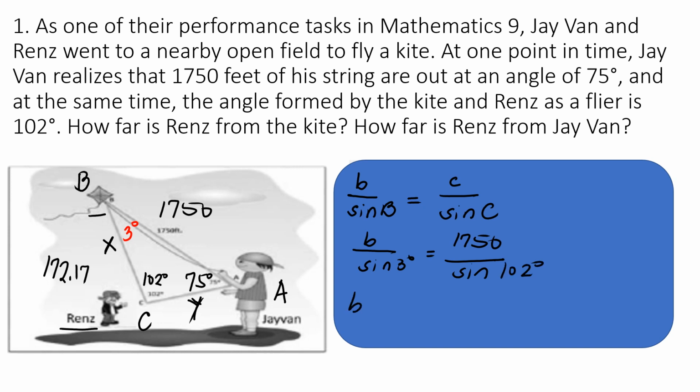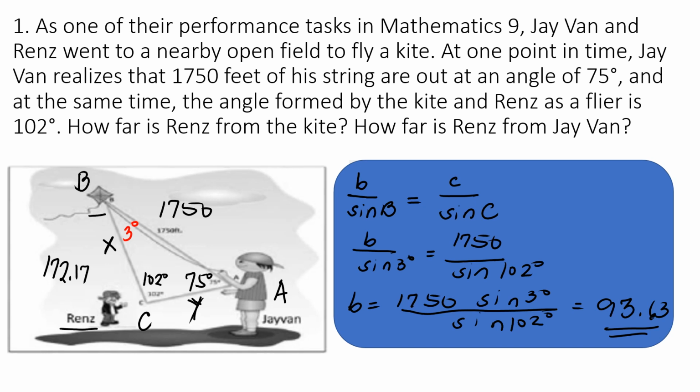By cross multiplication, side B is equal to 1,750 times sine 3 degrees all over sine 102. By using our calculator, we have 93.63, and this is the distance of Renz to Javan.